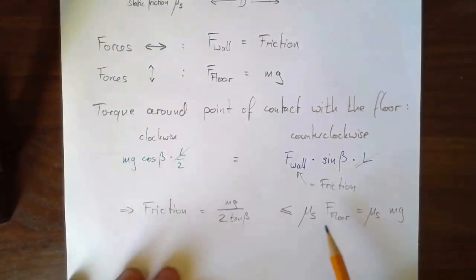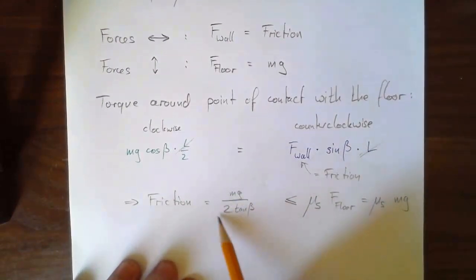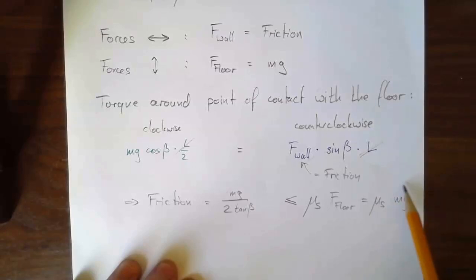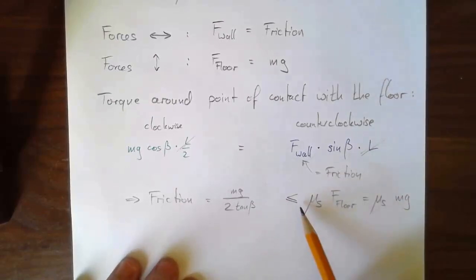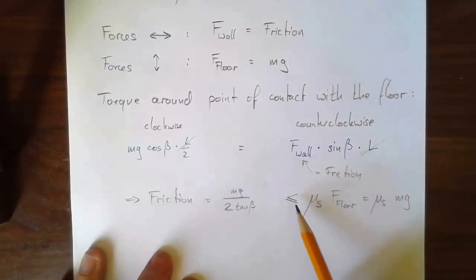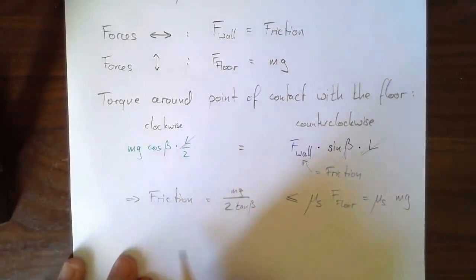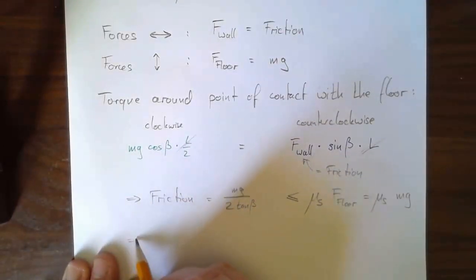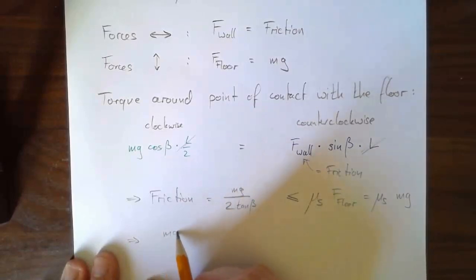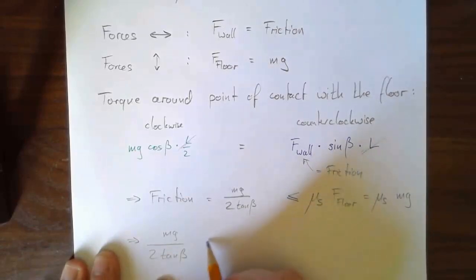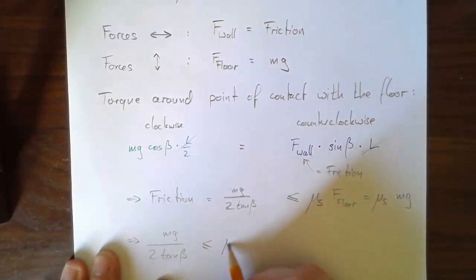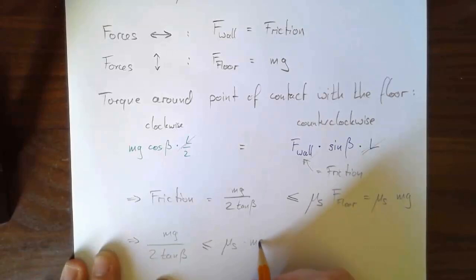Okay, so let's put those pieces together. I therefore know that this is equal to this. In general it is smaller or equal, but at the limiting case friction is at its maximum. So let me write this down. I'm going to have that mg divided by 2 tan beta is smaller or equal to mu s times mg.